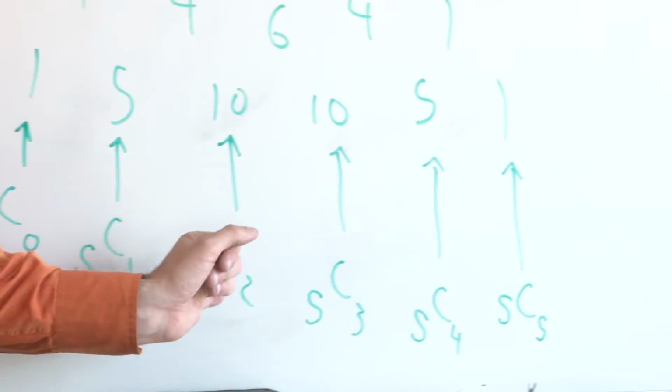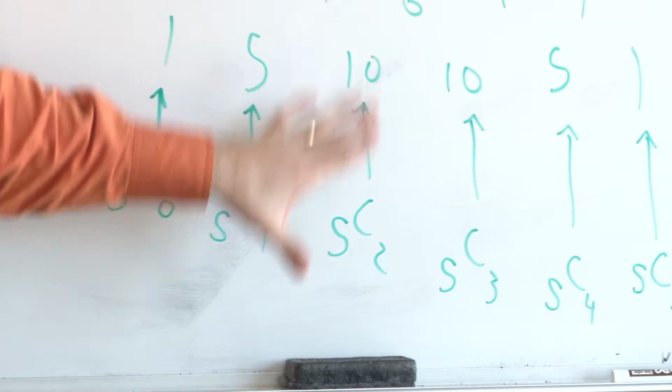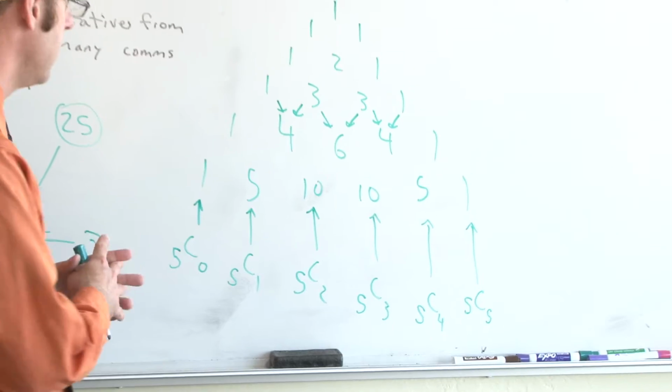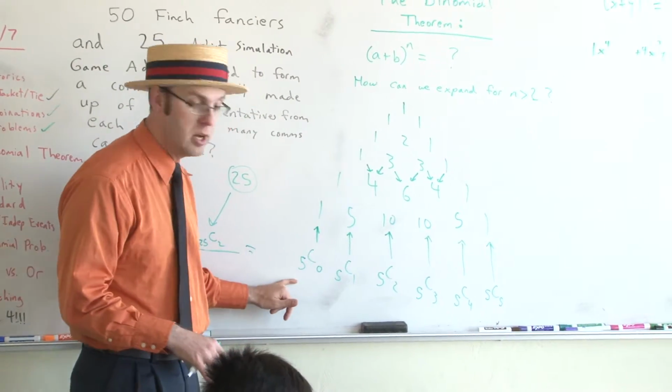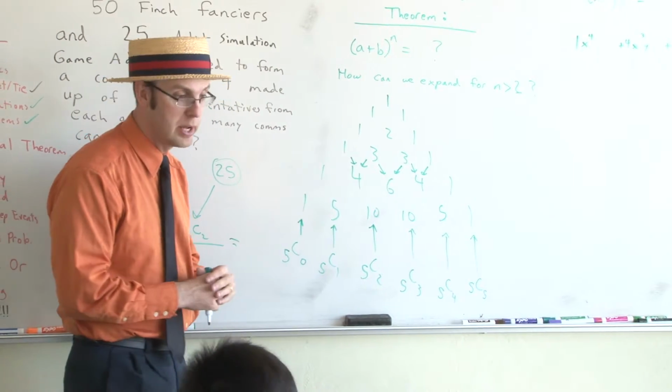So what I can do is hop a shortcut here, and instead of writing out the entire Pascal's triangle, if I just want to say one term of an expansion, I can use my combinations to hop right to my coefficients.